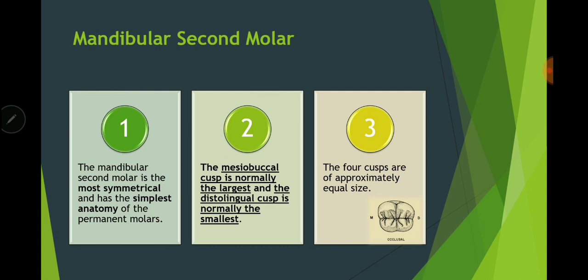The 4 cusps are approximately equal in size, so they are almost equal. So it's almost like a square or a rectangle on the occlusal view. But when you look into the sizes, the smallest is usually the distal lingual cusp.